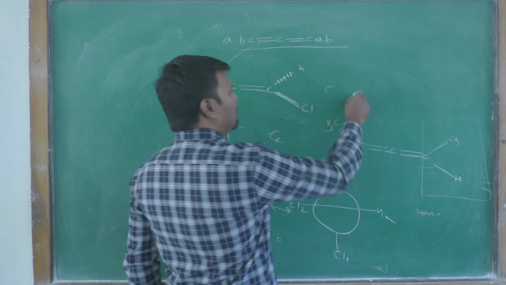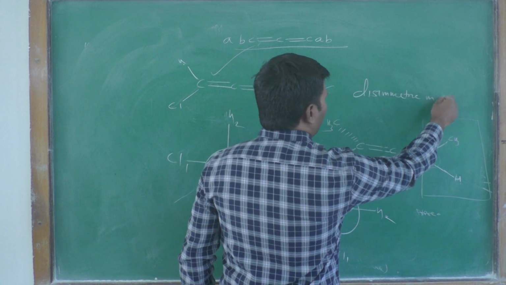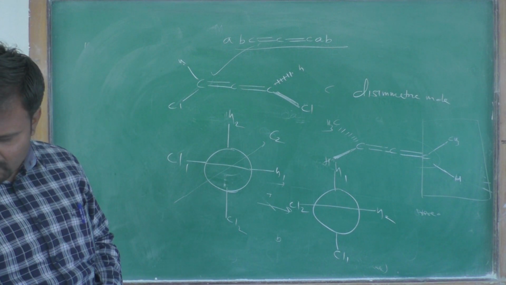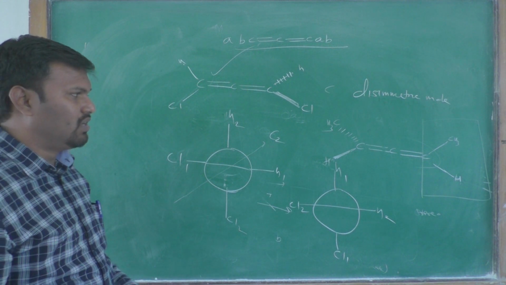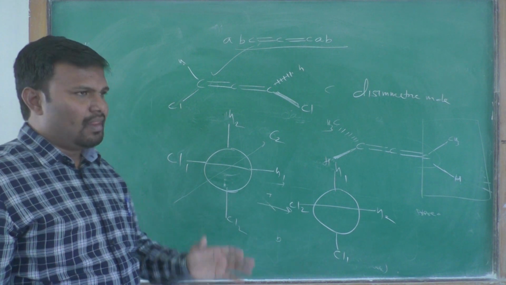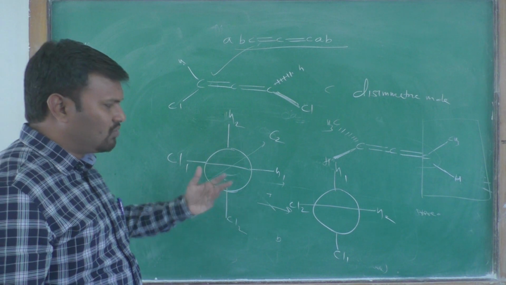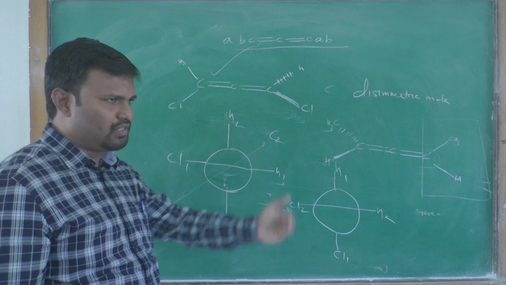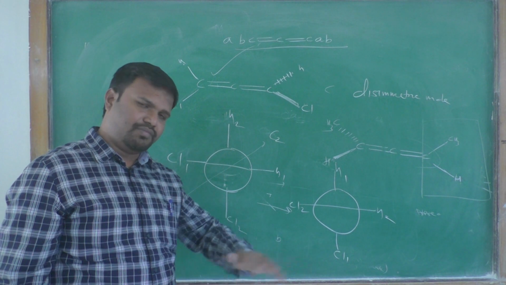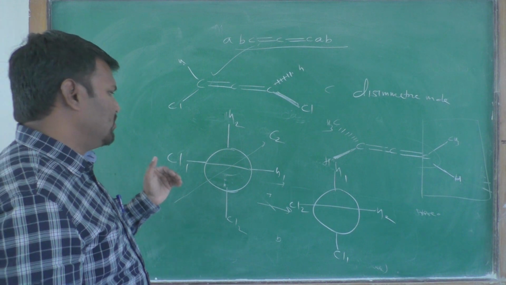Therefore we do not use the term asymmetric molecule or chiral one here, because in this molecule some symmetry, C2 symmetry, is present. Though it has C2 symmetry, it shows optical activity.